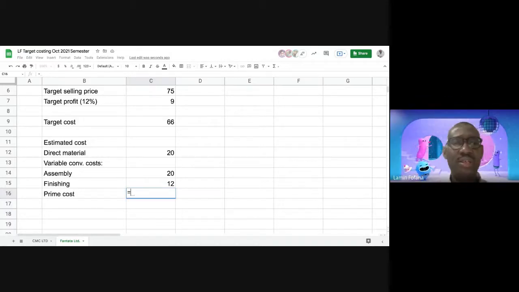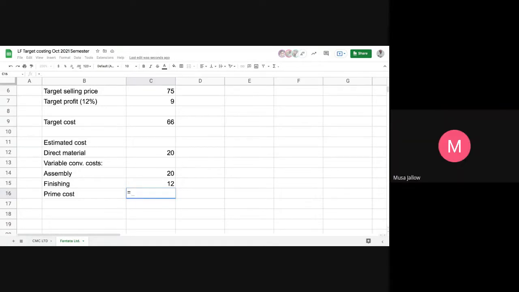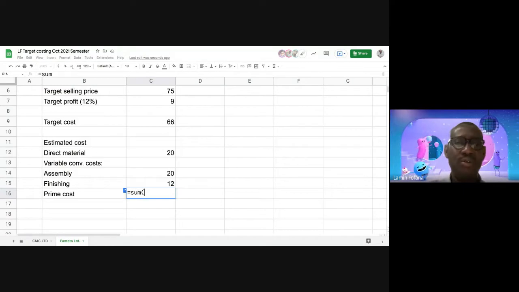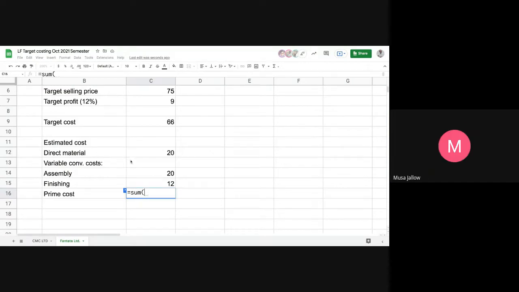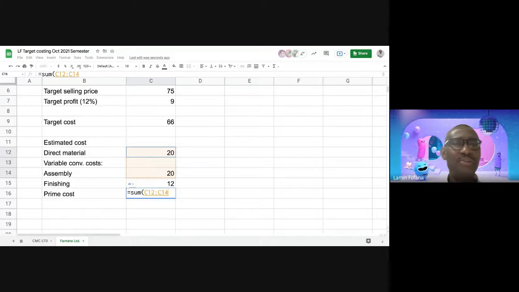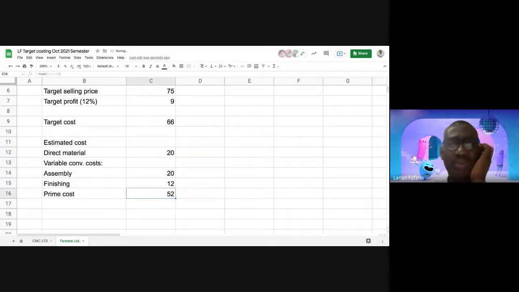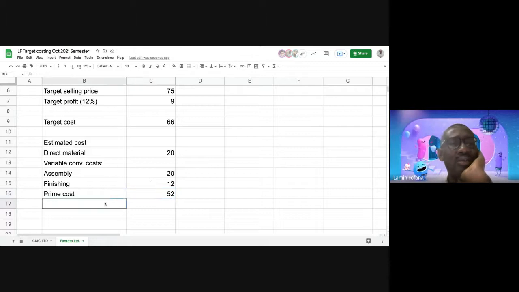So we say equals SUM, bracket opens. You can just highlight from direct material, C12 to C15, we close our bracket, we enter. That's the way we do our range sum, and that's our prime cost.